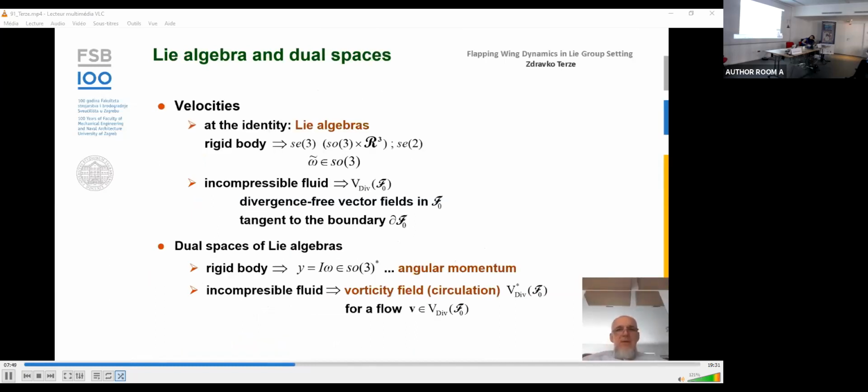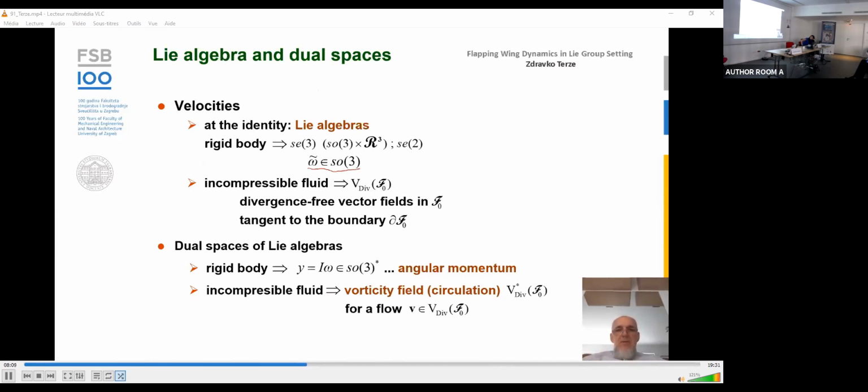In both cases, at the identity of the groups, velocities live in Lie algebras. In the context of rigid body, if configuration space is expressed as direct product of SO3 rotation group and translations, angular velocity of the body lives in Lie algebra, SO3.